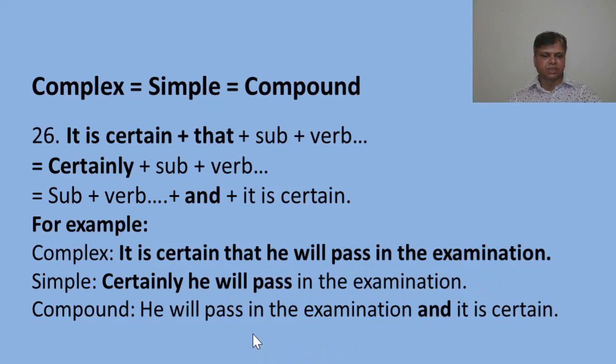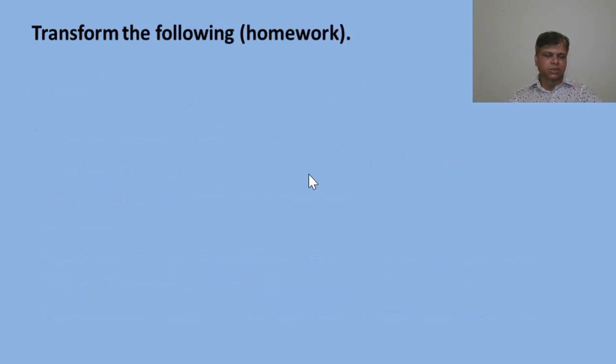If you want to make it a compound sentence, we have to use the sentence "he will pass in the examination" first, then a coordinating conjunction, and then the sentence before "that": it is certain. So students are advised to follow the structures and examples properly to remove the weakness in the topic.